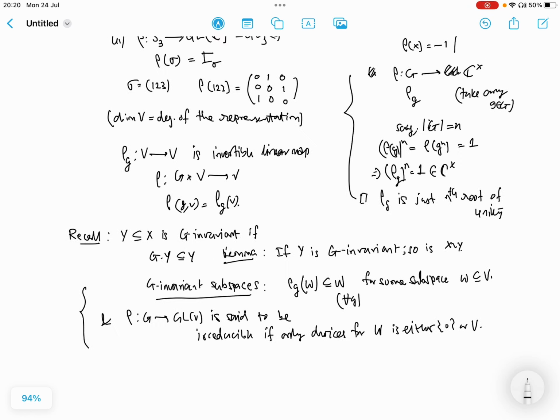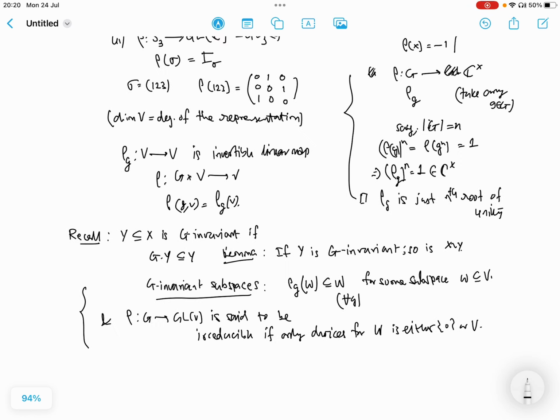Clearly, it is not irreducible because you have these one-dimensional subspaces which are invariant under this action, because you are just taking an identity matrix. If you take any basis vector, it will again be sent to that vector itself. So the subspace generated by that one vector is an invariant subspace.